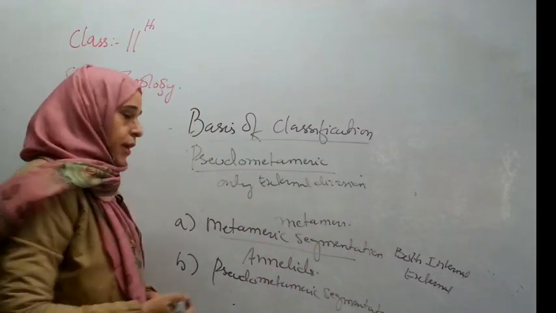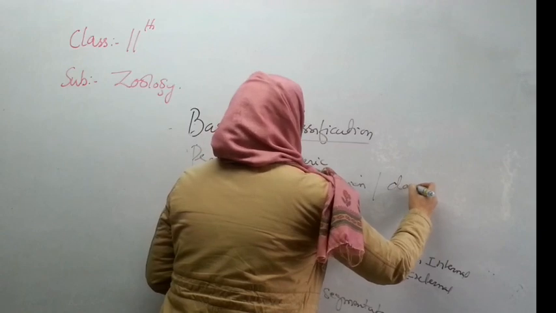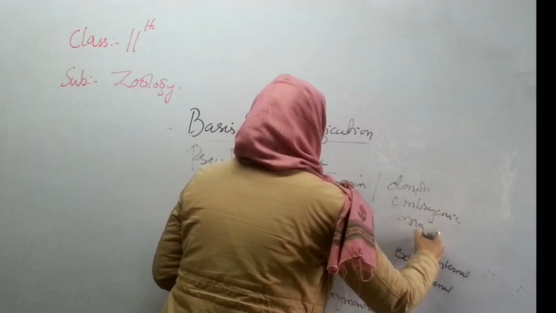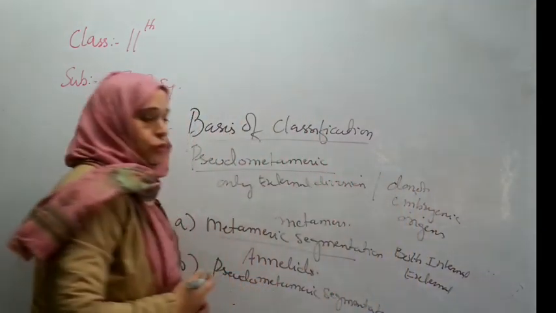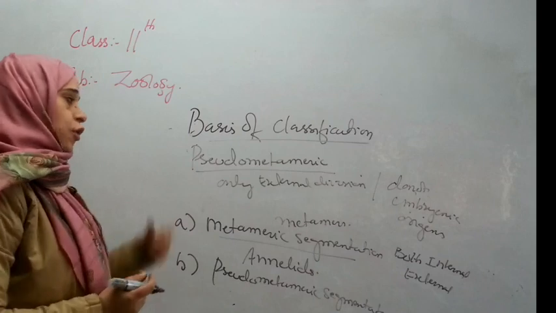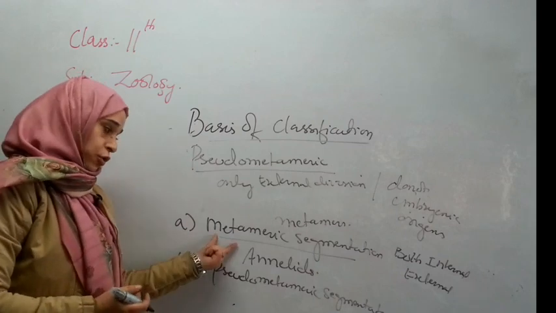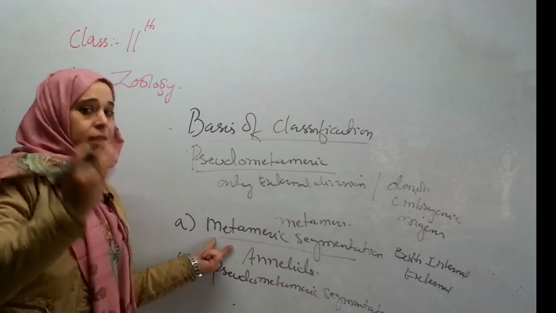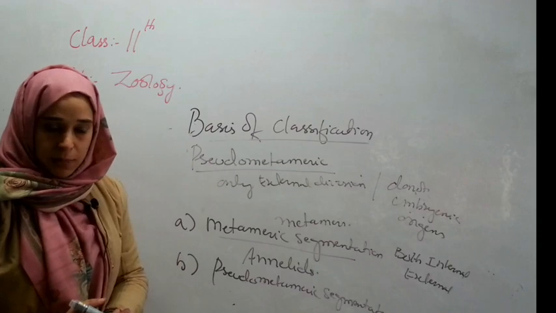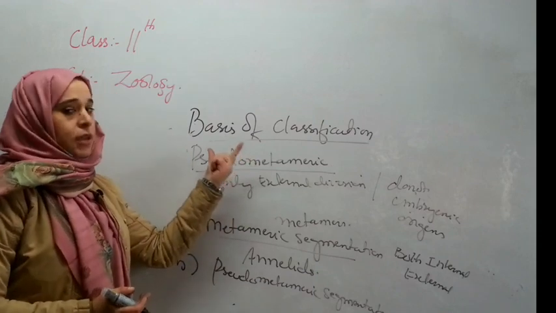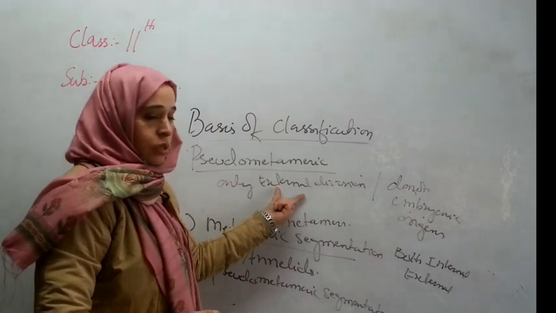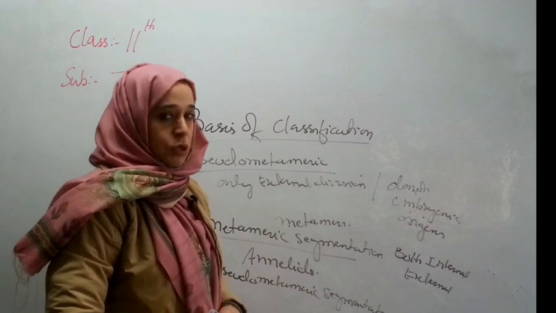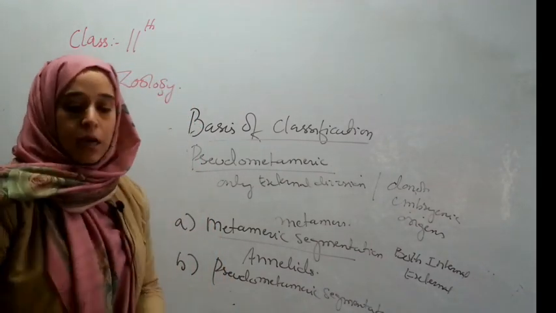The internal ones are not there, and these also do not have embryonic origins. So, dear students, those which have true segments, which have an embryonic origin, and where the body is divided both internally as well as externally, is known as metameric segmentation. And in pseudo-metameric segmentation, only the external divisions are there, and they do not have an embryonic origin. Now, let us move to another basis of classification, and that is cephalization.